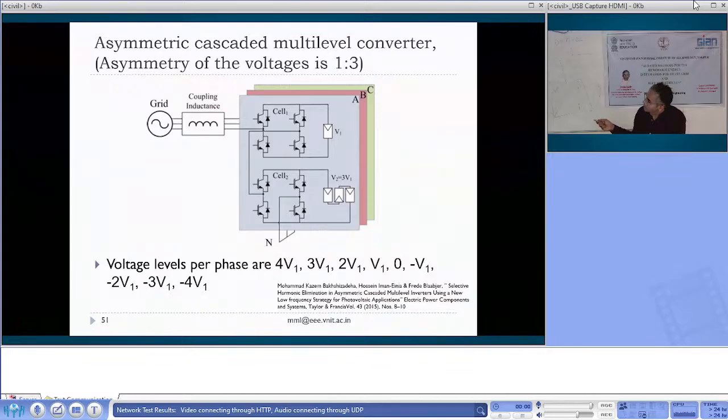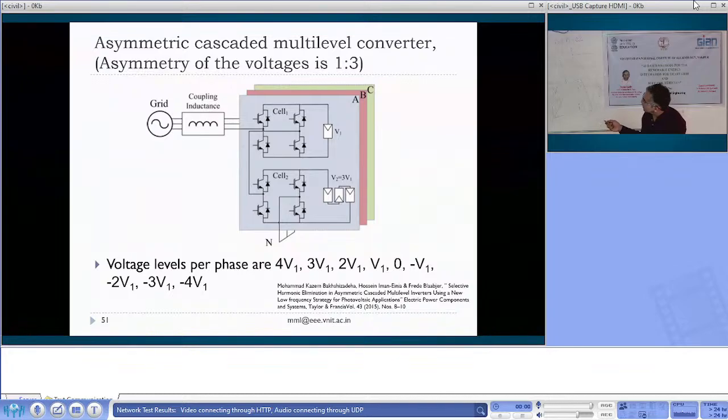Of course, this is of higher voltage, this is of low voltage. They are connected to grid, and this is called a cascaded H-bridge inverter. Combinedly they will produce the output, and combinedly they can produce different levels.